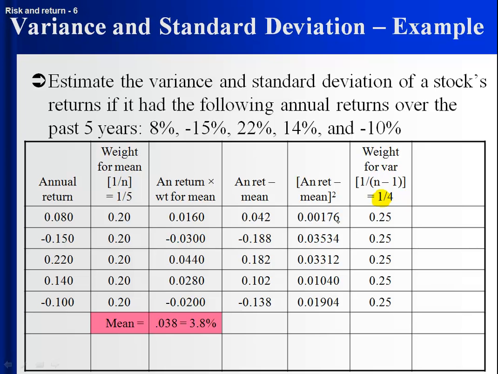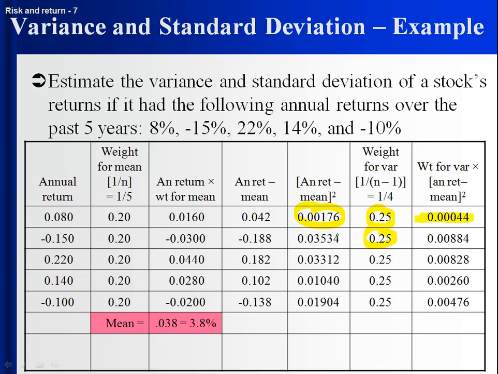So it's 0.25, and then we just take the weight times the deviation squared, the weight times the deviation squared, the weight times the deviation squared, and you do that for all 5 terms. Add them all up, and there is your variance, 0.02492, which is the same as adding up all 5 squared deviations and dividing by 4. Now you want to get the standard deviation, so you take the square root of the variance, 15.79%.